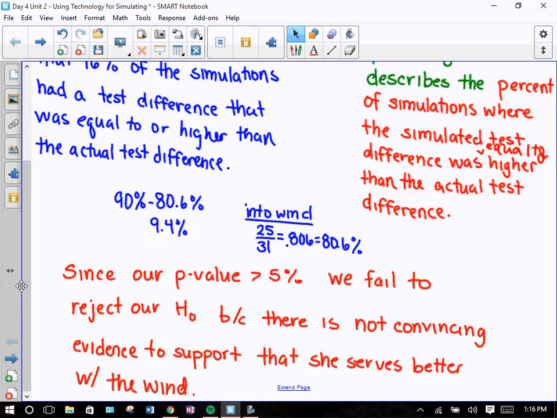Okay. So again, what we want to be good at now is determining what our conclusion is, and also being able to interpret what the p-value actually means. What is it telling us? All right.